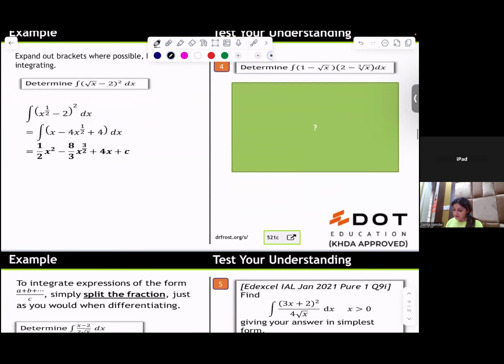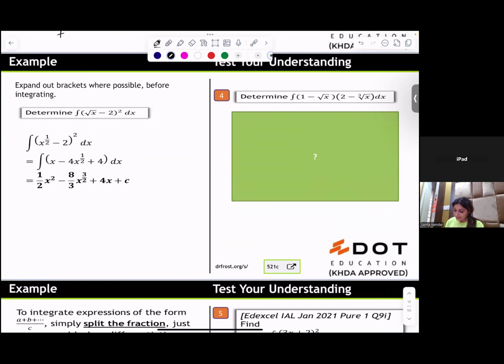Another form of integration is that if you have something in brackets, before you do the integration, expand the brackets and get it in the most simplified form. After you get it in the simplified form, you can find the integration. Similarly, if I have to integrate this, I have two brackets.